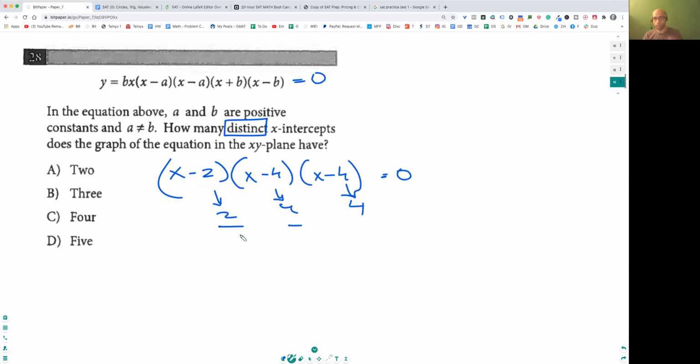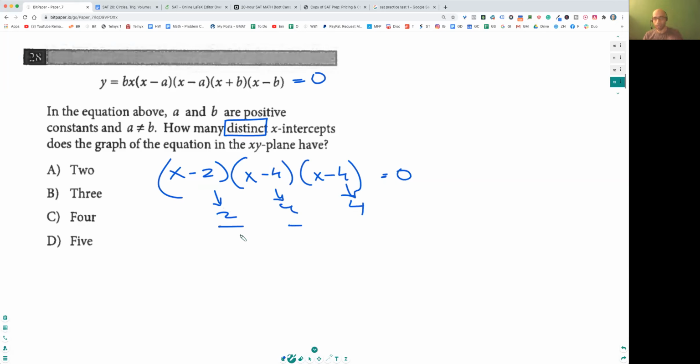By the way, x-intercepts means the roots. That's another important thing you need to remember: the x-intercept means the roots. So let's look at it this way. You've got b times (x minus a) times (x minus a) times (x plus b) times (x minus b).